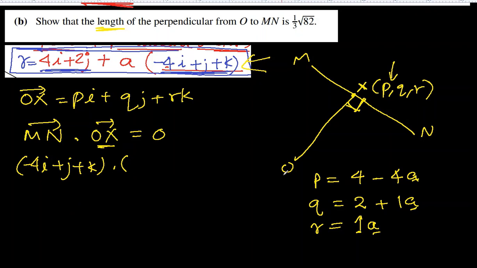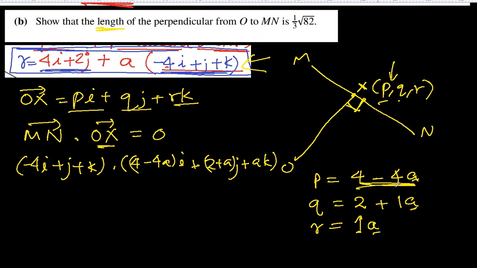OX will be P, Q, R, but I will not use P, Q and R now. I will use their values in terms of a. So 4 minus 4a i plus 2 plus a j, and a k. So I used the parametric equation in place of this because P, Q, R are 3 variables, but a is just 1 variable. That's why I used it, and that is equal to 0, the dot product.